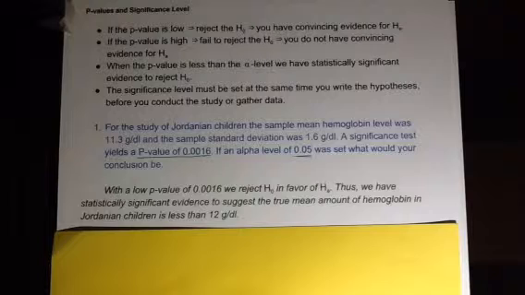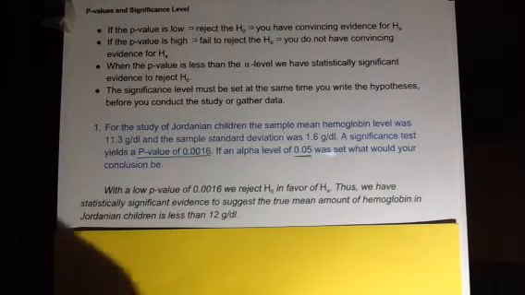So to write this up, we would say with the low p-value of 0.0016, we reject our HO in favor of HA. Thus, we have statistically significant evidence to suggest the true mean amount of hemoglobin in Jordanian children is less than 12 grams per deciliter.